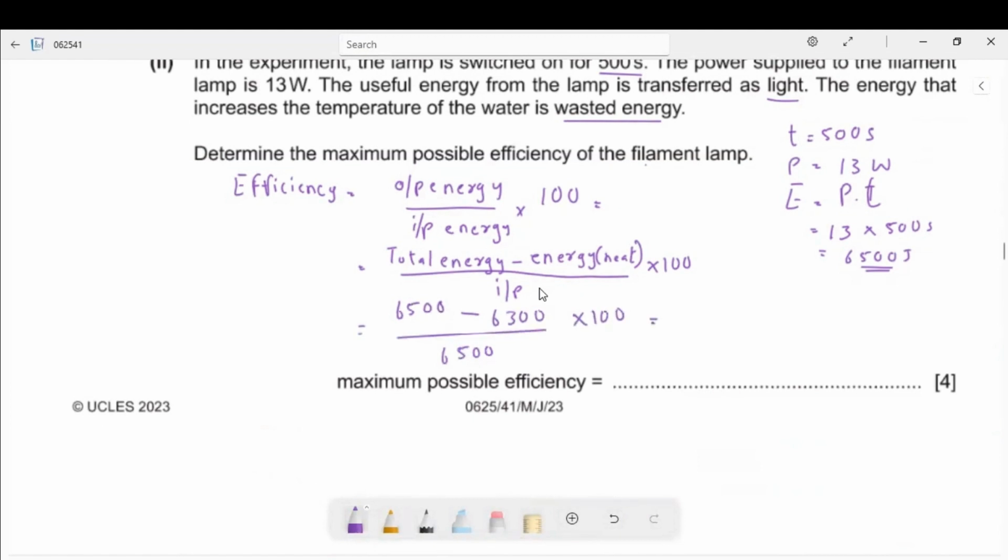That can be written as 200 into 100, that is 20,000 divided by 6,500. You will be getting the answer 3.07. That can be written as 3.1 percentage.